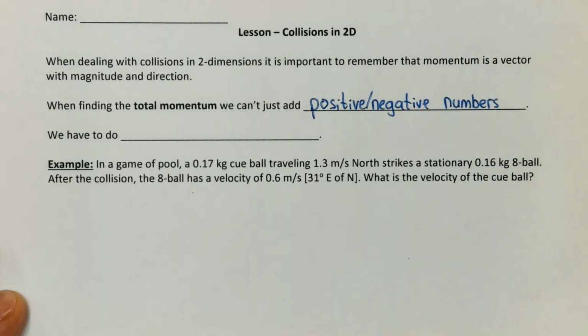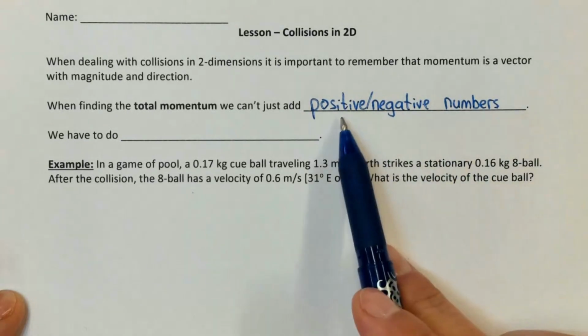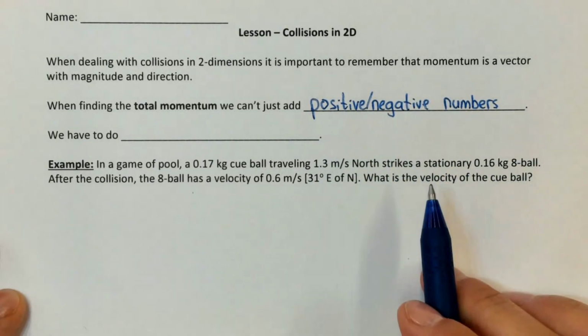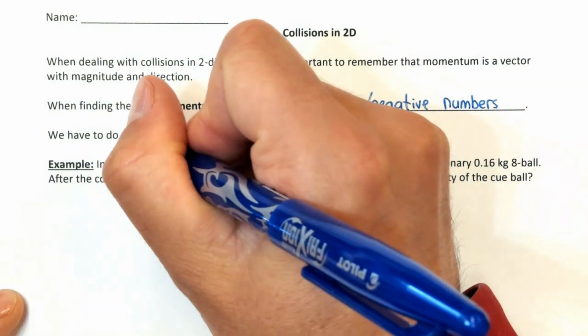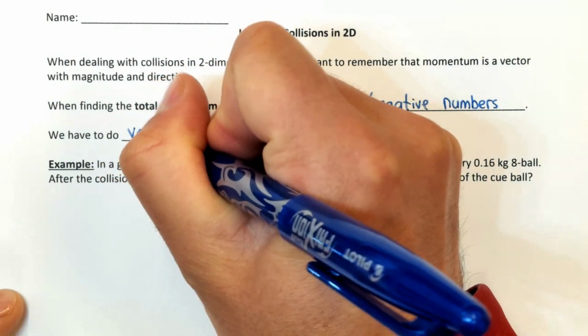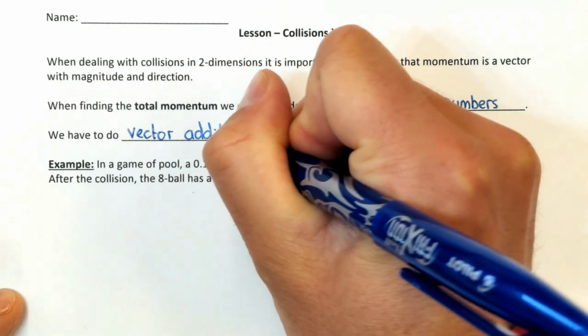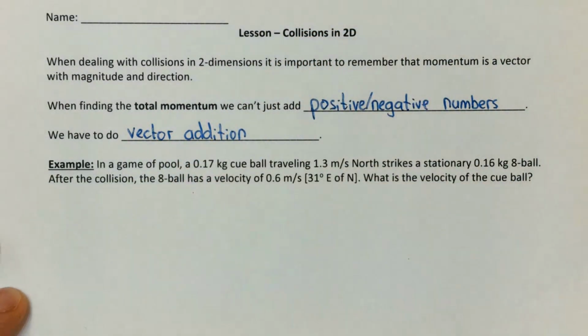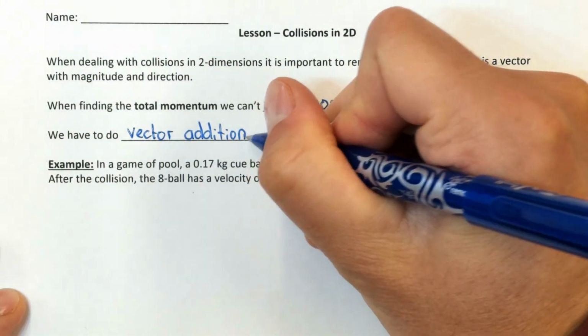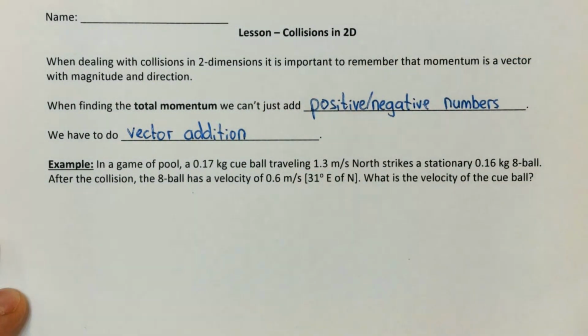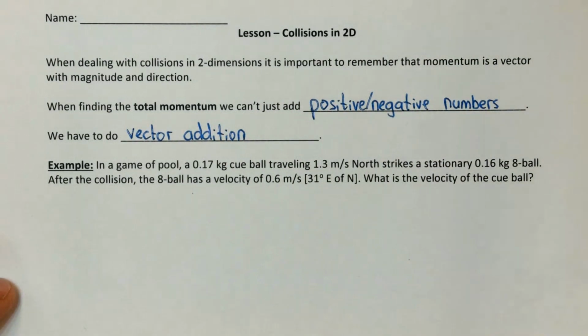Instead of just being plus or minus, momentum will now have a direction like 30 degrees north of east, which can't be simply reduced to a plus or a minus. So instead, what we're going to have to do is proper vector addition, meaning drawing the two vectors out, putting them head to tail so they're being added, and doing some trigonometry to find the solution.